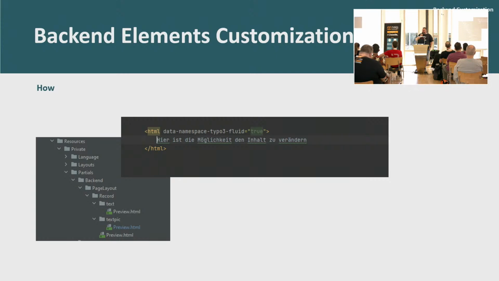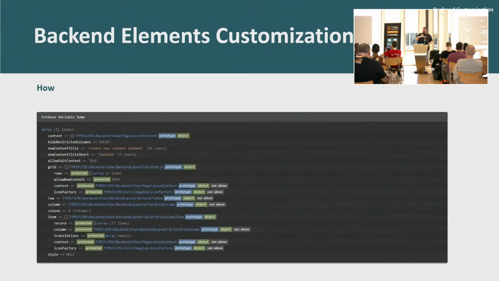And then you make a folder with the name of the content element, and you put in a preview HTML, and then you can do anything in this. When you do an f:debug in this template, you can get all of these variables to show all the information that you want.